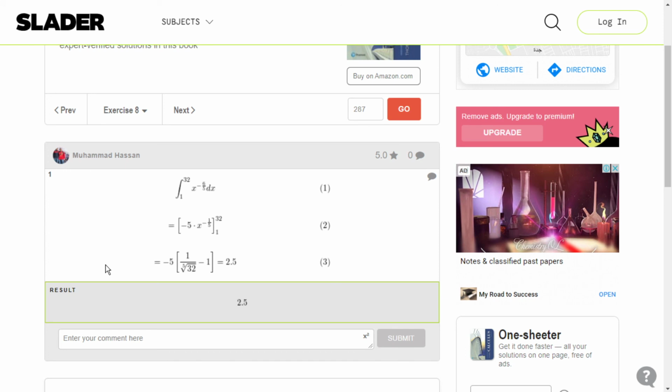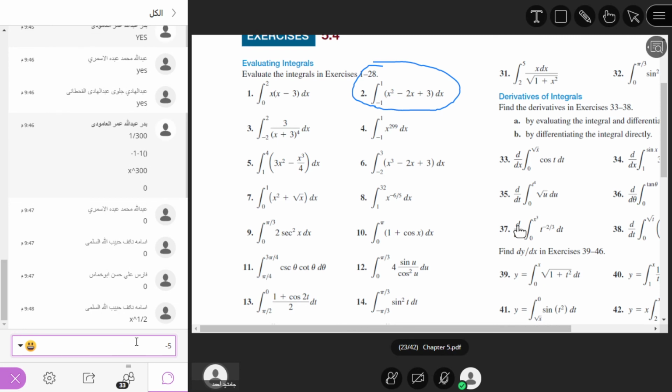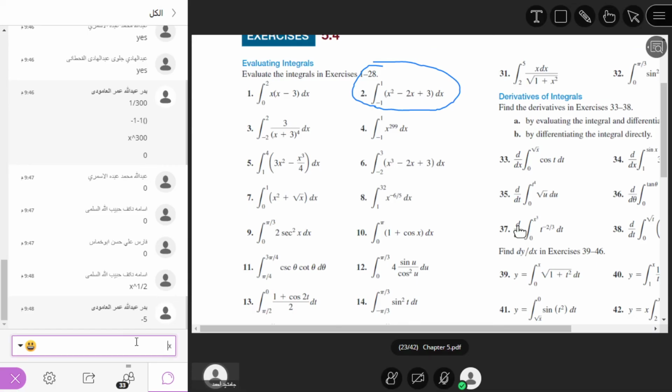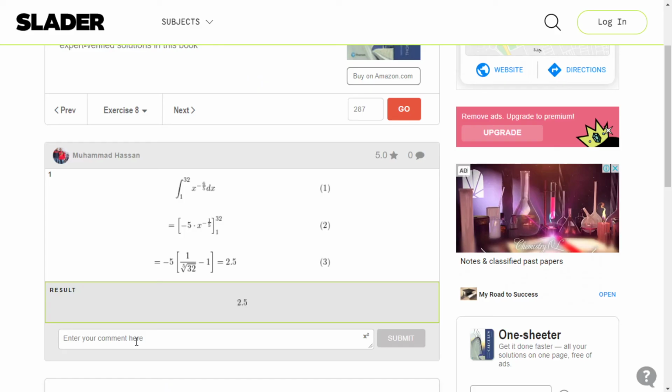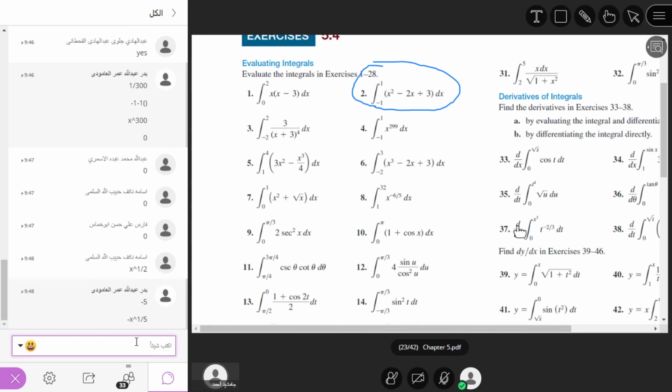X power minus 6 divided by... just check, minus 6 plus 1, so minus 1 by 5, x power minus 1 by 5.